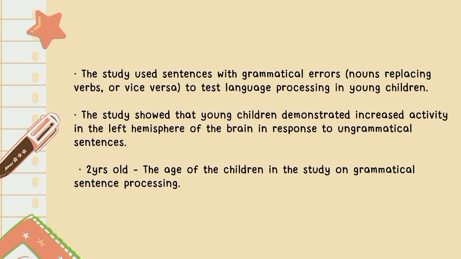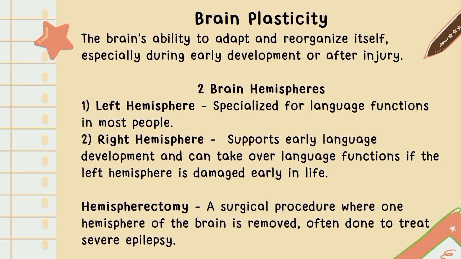The next topic is about brain plasticity. It means the brain's ability to adapt and reorganize itself, especially during early development or after injury. It means that the brain can change and adapt, especially when we're young or after an injury.